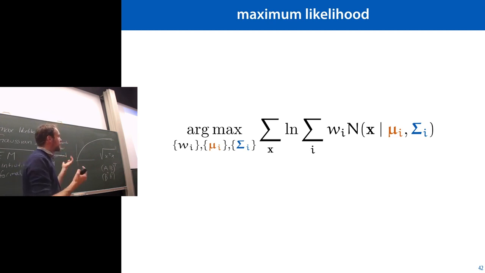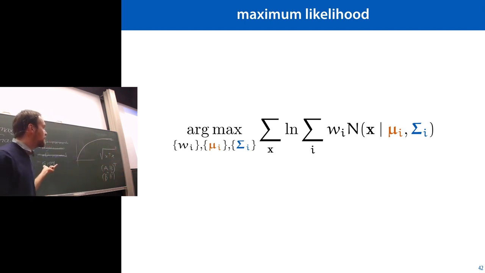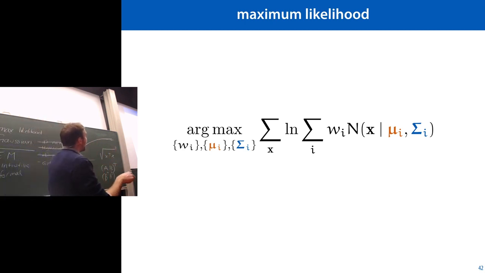So in order to fit this to our data, to figure out what the best Gaussian mixture model is for our data, the maximum likelihood objective would say, take these 3 sets of parameters, these 3 means, 3 sigmas, and 3 weights, and work out which ones maximize the probability of your data, or the log probability density of your data, I should say.